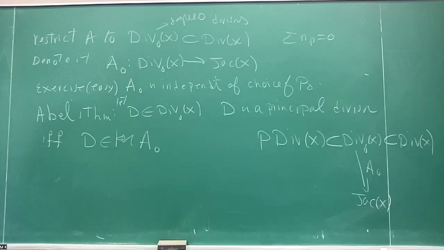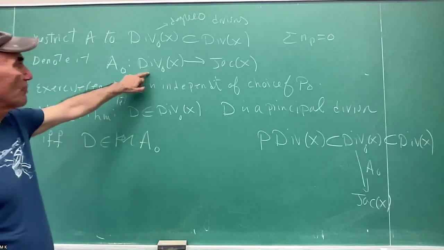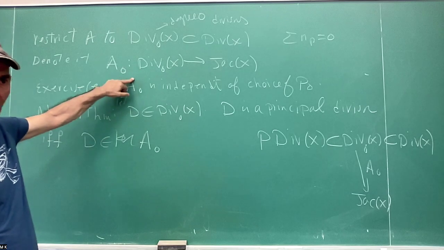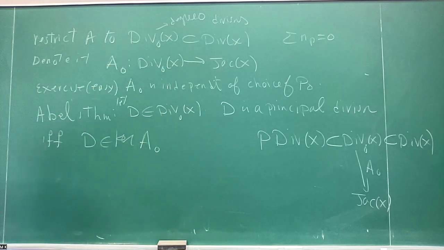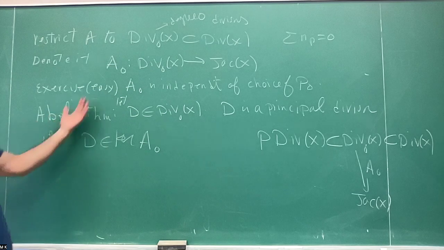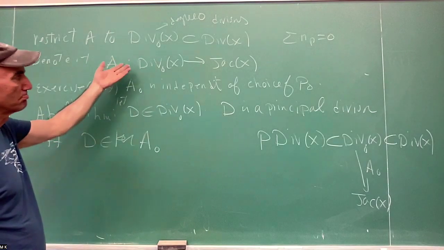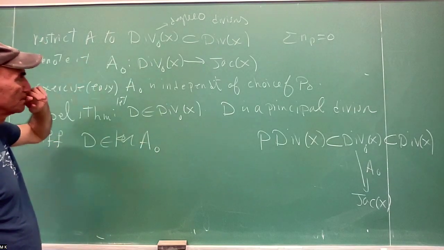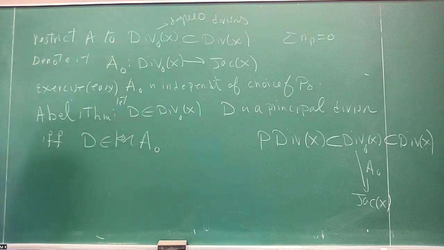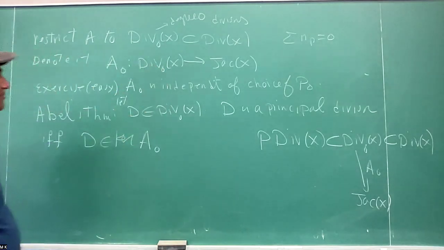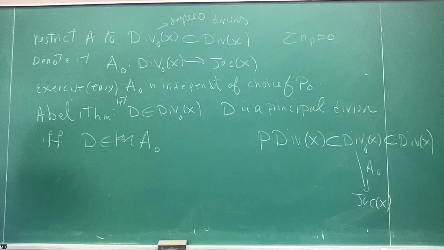As a result, degree 0 divisors divided by principal divisors is actually the Jacobian of the curve. It has a completely elementary description after all these things; you can completely describe it in terms of divisors and functions.